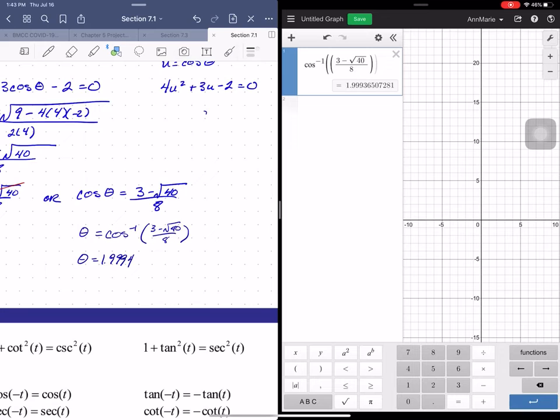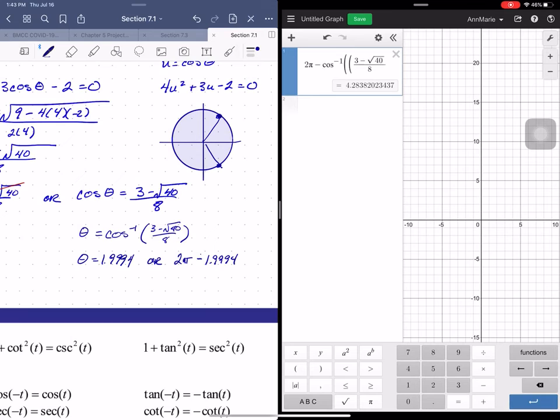Now, that's not the only angle that has that cosine though, is it? So I'm here somewhere. There's another angle down here. I get there from 2 pi minus. So theta is 1.9994 and 4.2838. And those are my solutions.